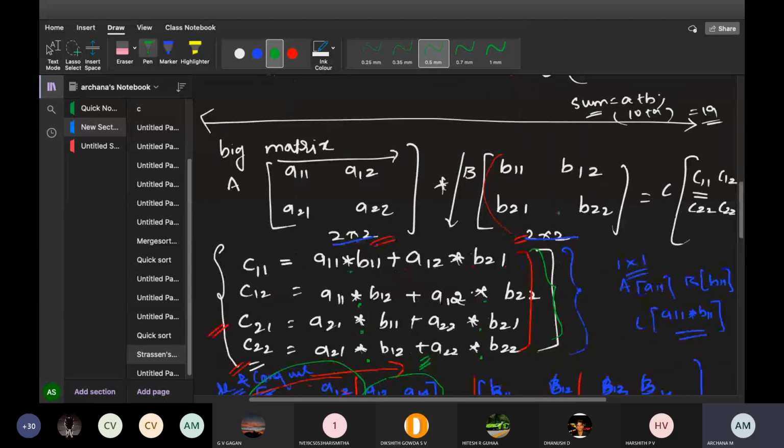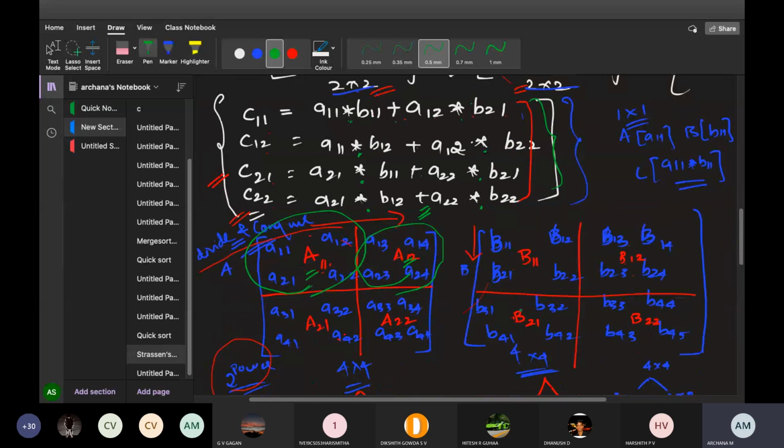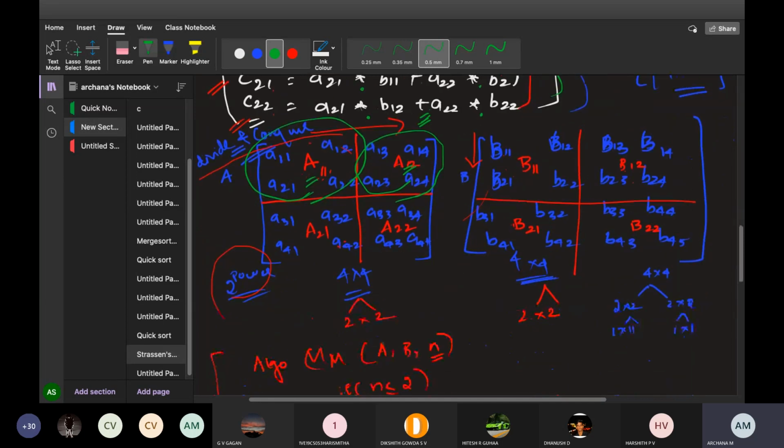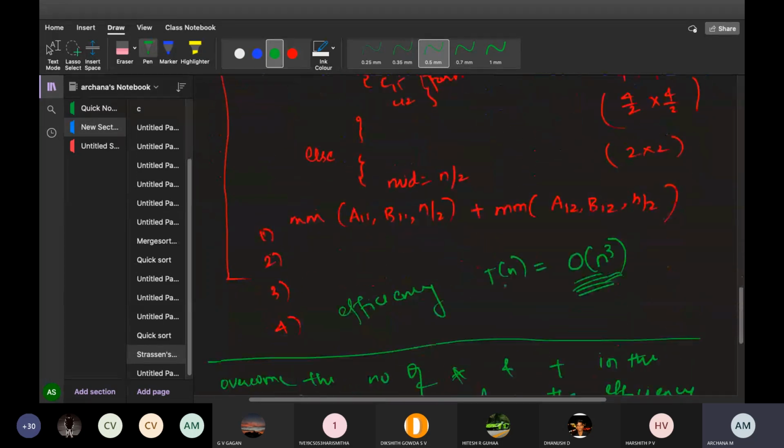When the matrix is very small, these formulas are okay. If the matrix is very big, I have to divide it and keep on calling the formulas many times. Then the number of multiplications and additions increases, so the time cost will be high.